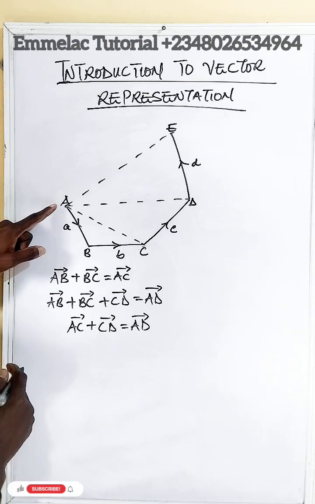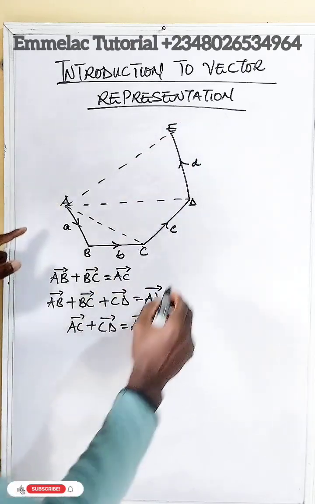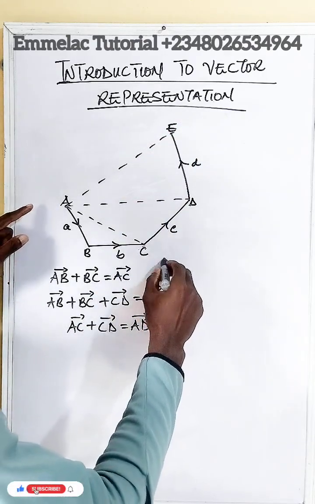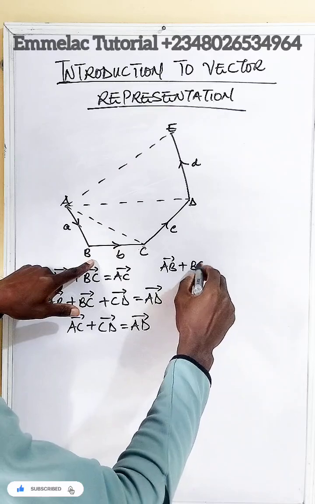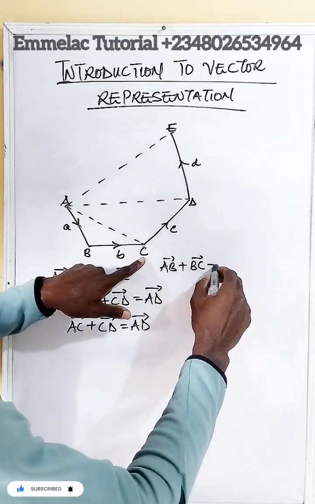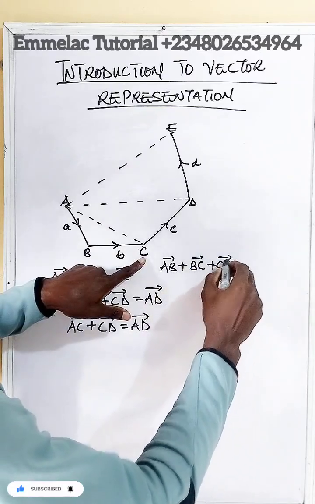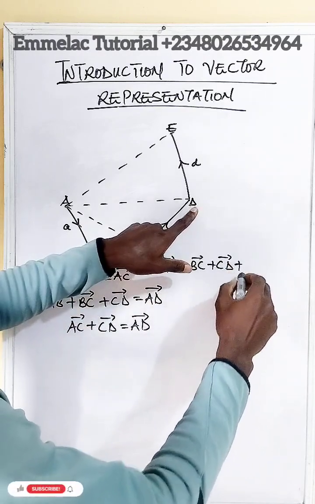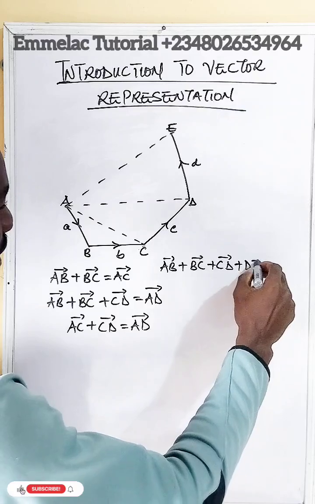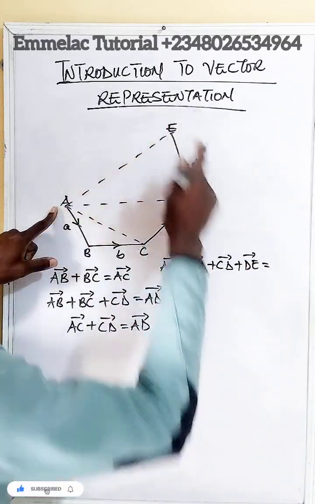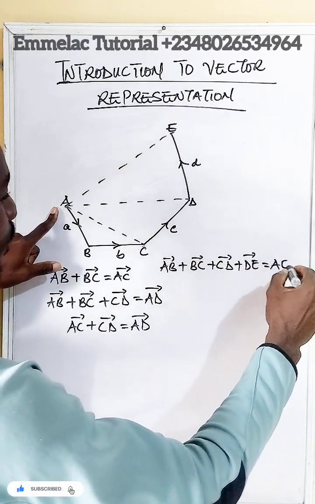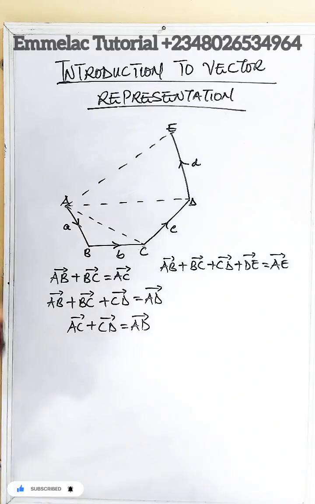Now again to E, you can have AB plus BC plus CD plus DE, which gives us the resultant AE. And actually you can still prove that.